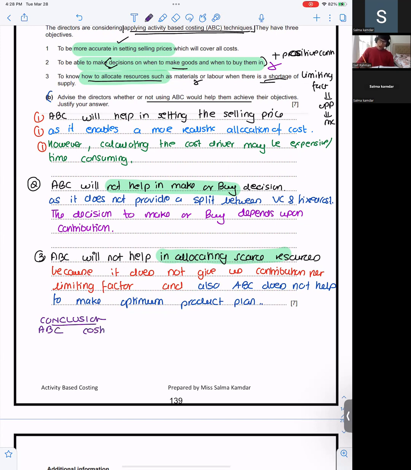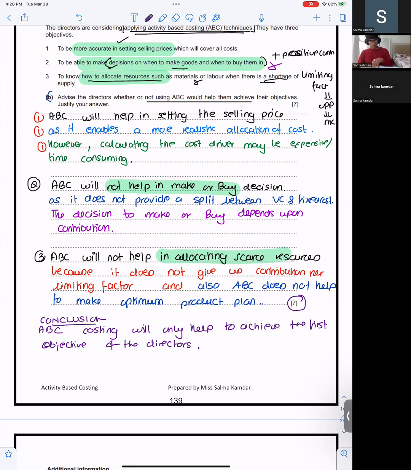It will only help to achieve the first objective of the directors. Okay, done. It's for 7 marks. That is why you need to elaborate a lot. Understood?